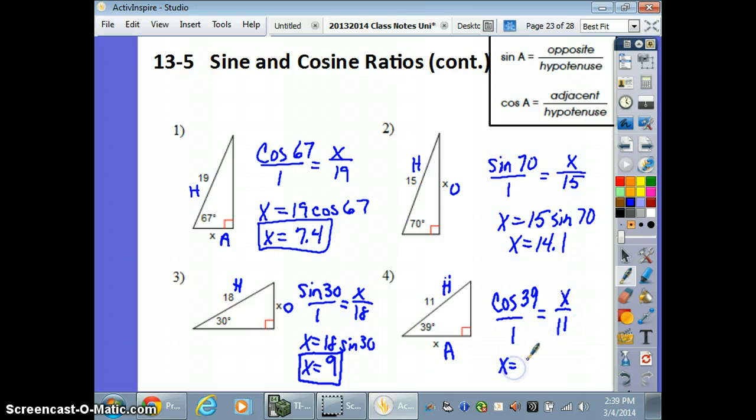X equals 11 times the cosine of 39. Go ahead and put that in. What are you getting? 8.5? I think so. And thank you.